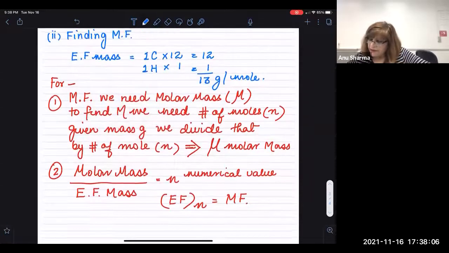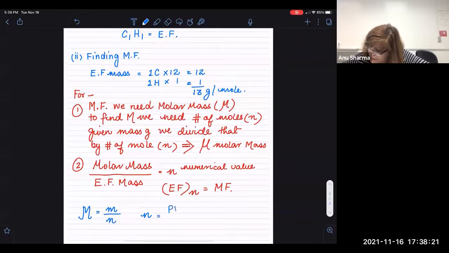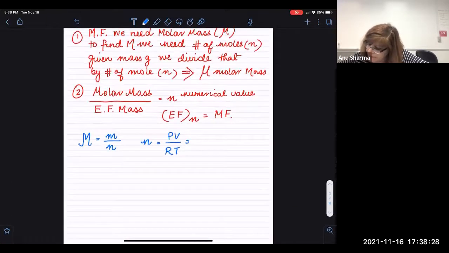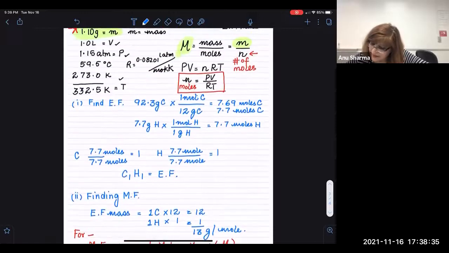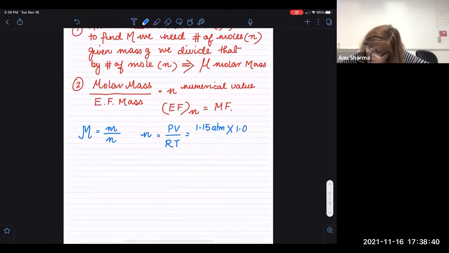Okay, now what we're doing is, find the molar mass M, which is equal to small m over the number of moles N, and N is equal to PV over RT. The given P is 1.15 ATM, times the volume which is given as 1.0 liters.